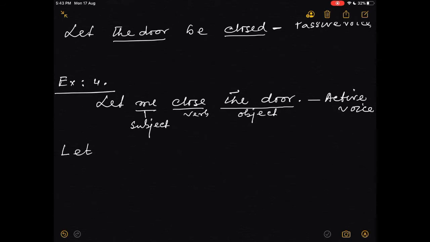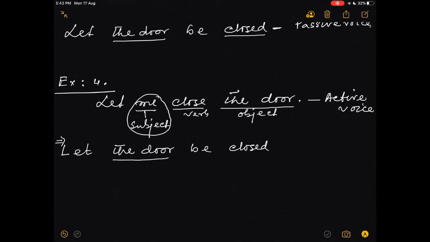Okay. And now let, then the object, let the door. Now one be is there, be. Now past participle of the verb, let the door be closed, and this subject will come here with a by before it, by me.